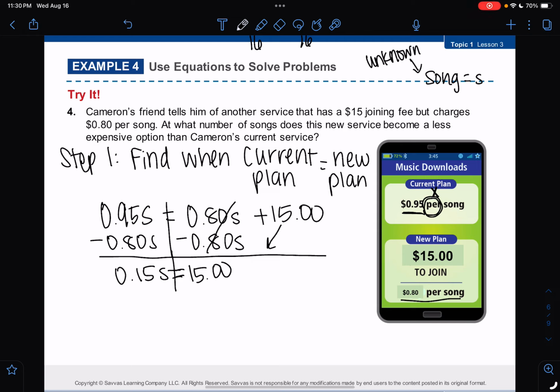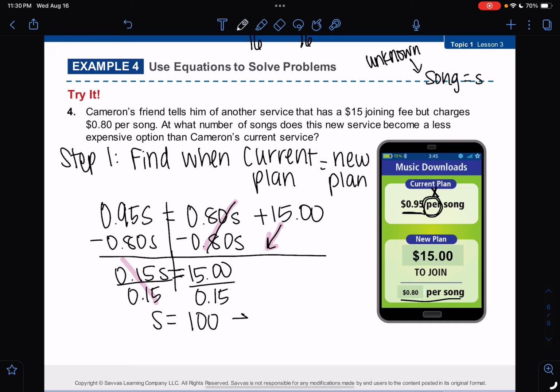All right, and our final step is to divide both sides by 0.15, which is our coefficient. And we've got that S equals 100. All right, and remember S is our number of songs.